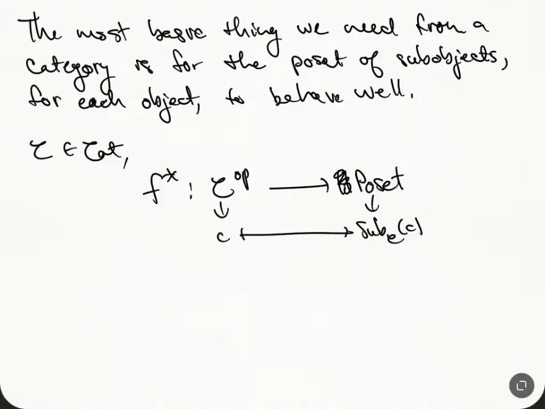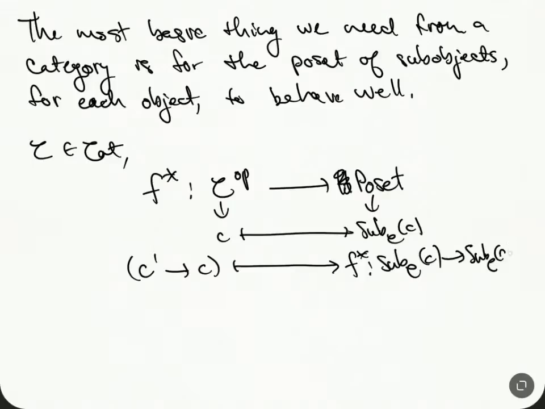And the most basic thing we want is, if we're given a map here, we want to have the pullback map. Okay, so this is the basic thing.